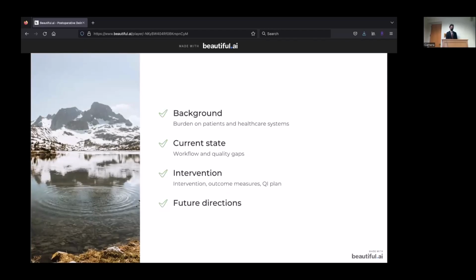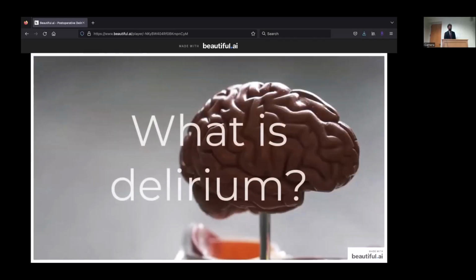Then we'll get into the current state of our workflows on the medicine consult service in the perioperative space, and certain quality gaps that we've identified related to delirium. After that, I'll detail our proposed intervention and different outcome measures that we will implement, as well as the QI plan. And then finally, just some future directions for the project.